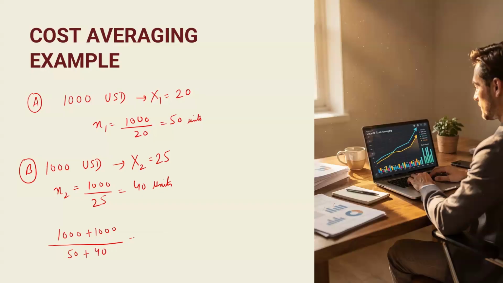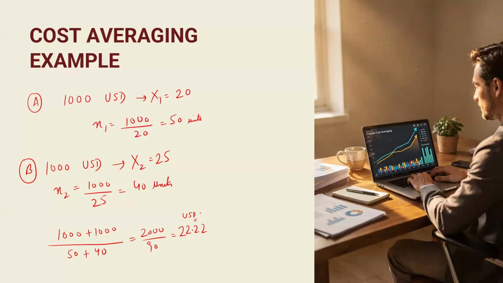So 2000 divided by 90, right? Which will give you how much? Correct, 22.22. So this is the average price which you paid per unit, if you combine both the scenarios.